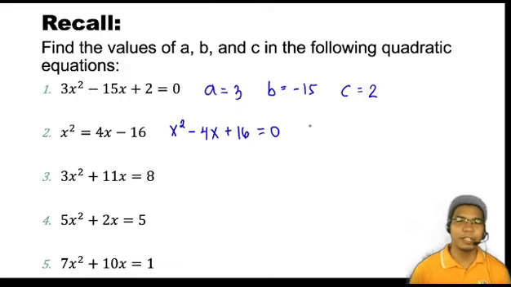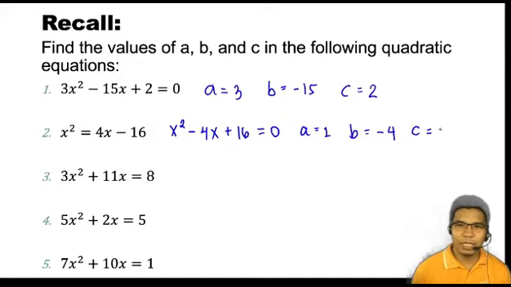Therefore, we are ready to get the values of a, b, and c, which is essential in solving a quadratic equation using the quadratic formula. Since the quadratic term does not have a numerical coefficient, it is understood that the value of a is 1. The value of b is negative 4, the coefficient of x, and the value of c is positive 16, which is our constant.